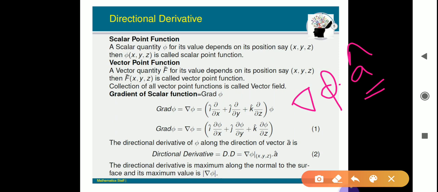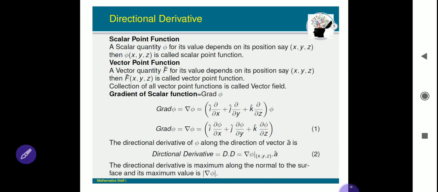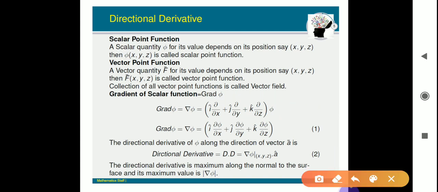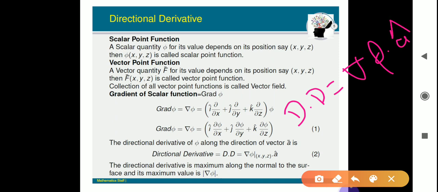A cap is the unit vector in the direction of a bar, meaning a bar is the directional vector, and from it we have to find its unit vector. And what is the formula for the directional derivative? In short, DD, meaning directional derivative, is equal to del phi dot a cap, where a cap is the unit vector, that is a bar upon magnitude of a bar.